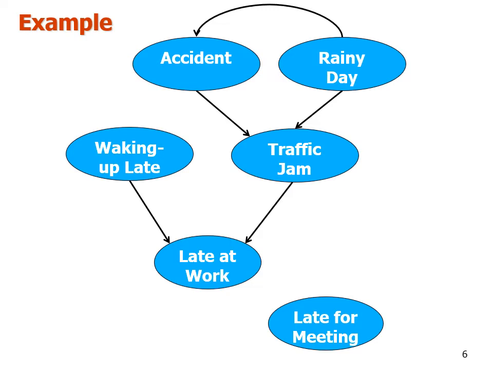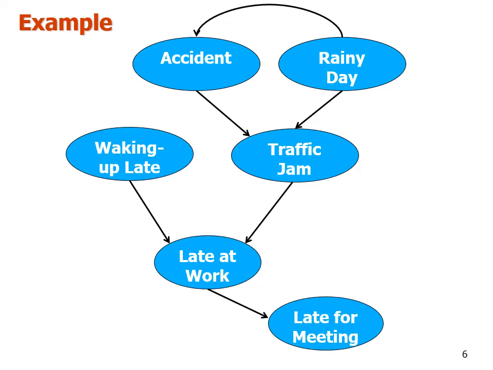If you are caught in a traffic jam, it affects whether you are late for work. If you are late for work, it affects whether you are late for a meeting.